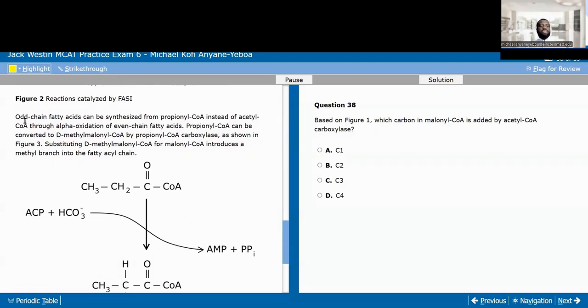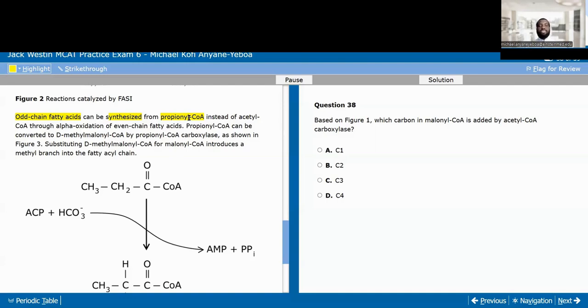Let's go in. Odd chain fatty acids. They're going to give us more information about odd chain fatty acids, right? They can be synthesized from propanoyl CoA, right? From propanoyl CoA. I don't know why I pronounce it like that, but you get what you get, right? Instead of acetyl CoA through alpha oxidation of even chain fatty acids, right?